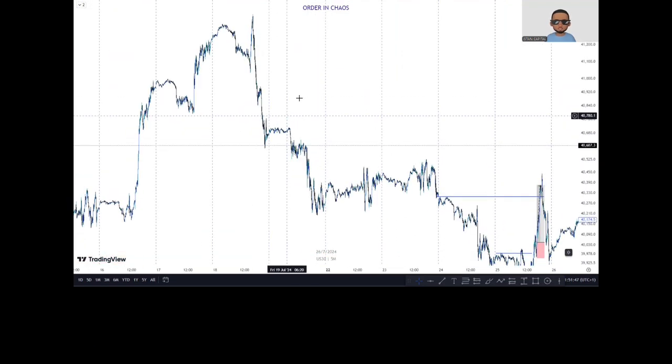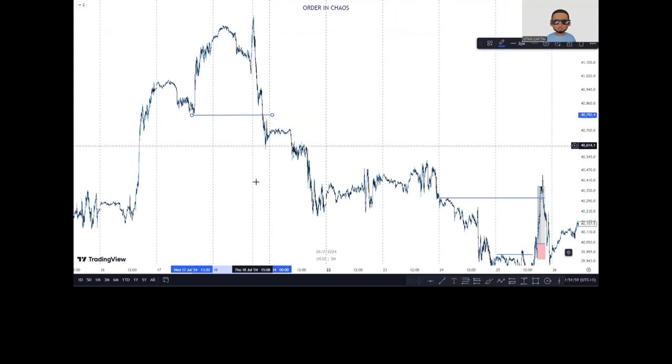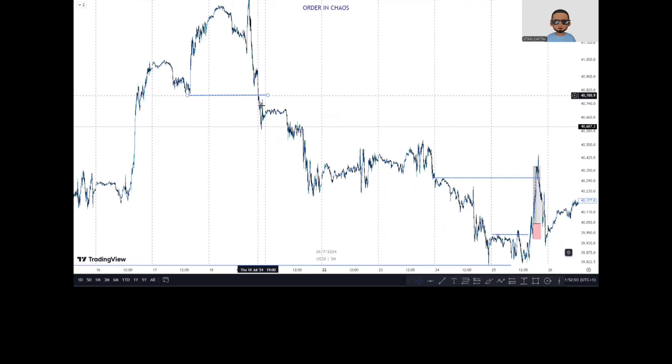Now you can see this. This was the previous week, Thursday. Thursday closed below Wednesday. That's the first day of breakout. It closed below the low. Can you see? This is where it closed right here. That is the first day of breakout. Second day of breakout, right here, it closed below the low again on Friday.